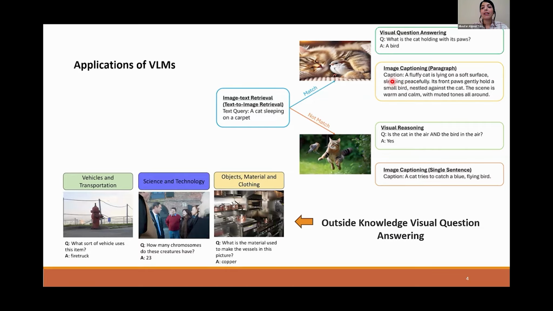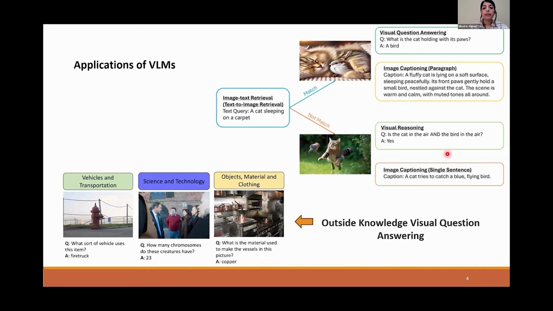As you can see here in the caption, there is a lot of detailed information about the image. It says a fluffy cat is lying on a sofa surface, sleeping peacefully, a lot of detailed information. Also, image text retrieval, where we have a text query and the network should find the correct match.